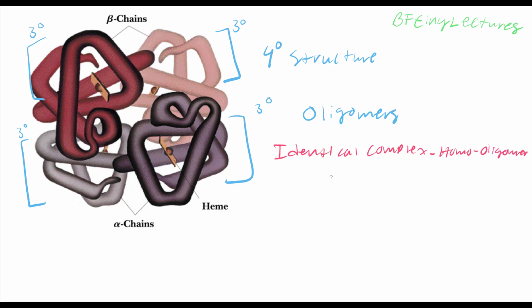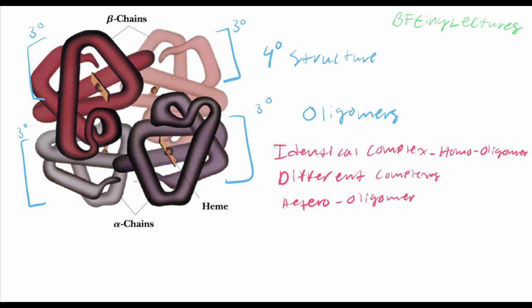Now if this is made from different complexes, then we're going to call that a hetero oligomer. So that's going to be called a hetero. Okay? So what is an example of a hetero oligomer?